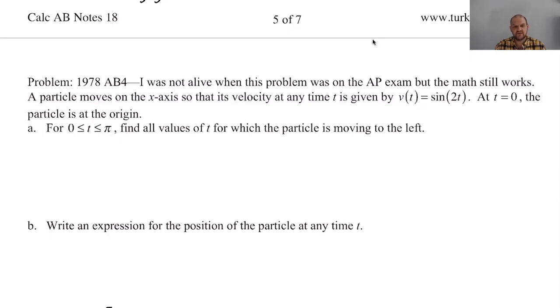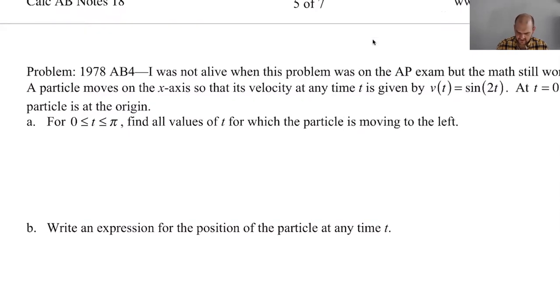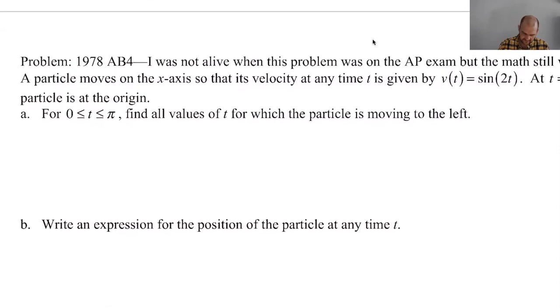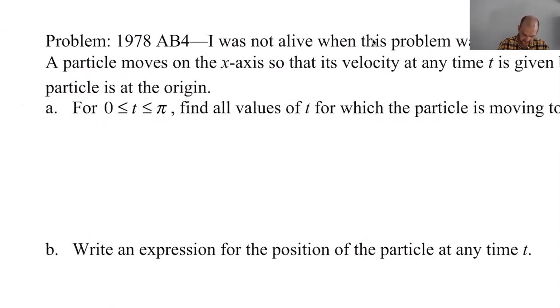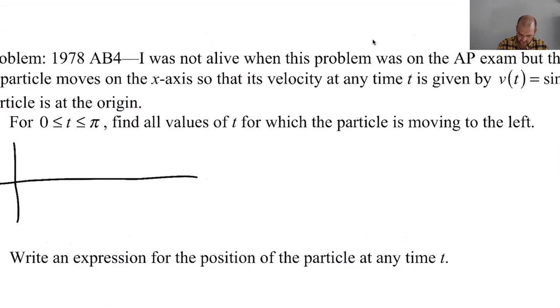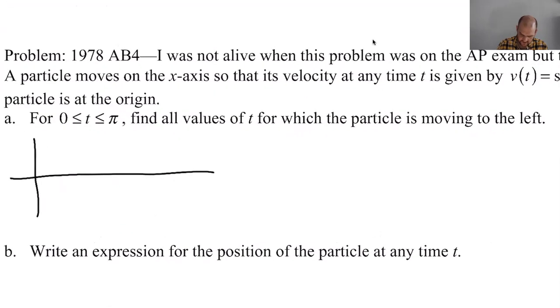For 0 to pi, find all values of t when the particle is moving to the left. So the particle moving to the left would mean that v of t is less than 0. So I'm going to graph v of t. I think this is a super useful way to do this. So the period is 2 pi over 2, which is pi. The increment is pi over 4.